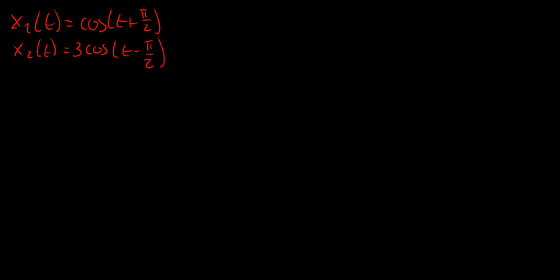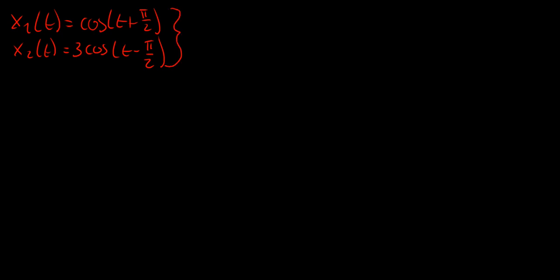And we want to add these two sinusoids into a new sinusoid. If we add two sinusoids together, it's actually representable by another sinusoid. And our question is, how can we rewrite this as one sinusoid?